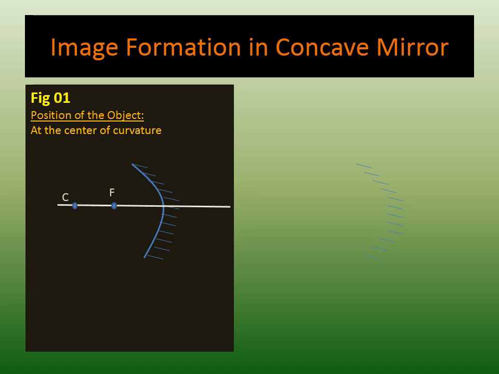You know, the focus is situated in the middle of the center of curvature and the pole. So we are now drawing the object just at the center of curvature, as the description shows that the object is at the center of curvature.